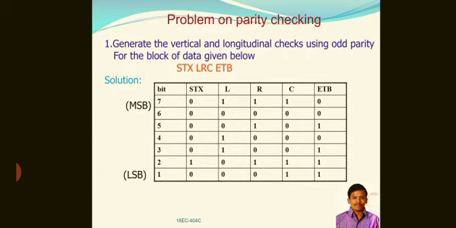Right, now we will look at examples on parity, on the methods we told about, that is error detection and all those things. So just look at the problem. Generate the vertical and longitudinal checks using odd parity for the block of data given below.